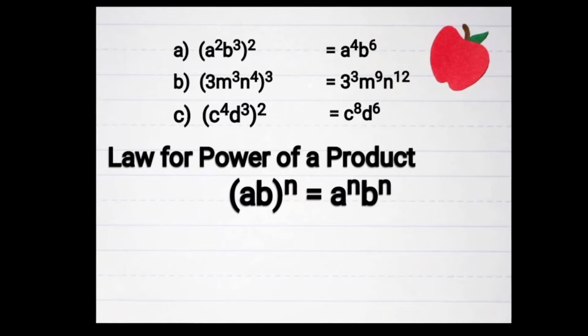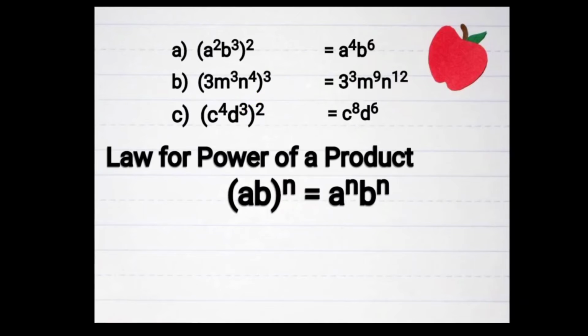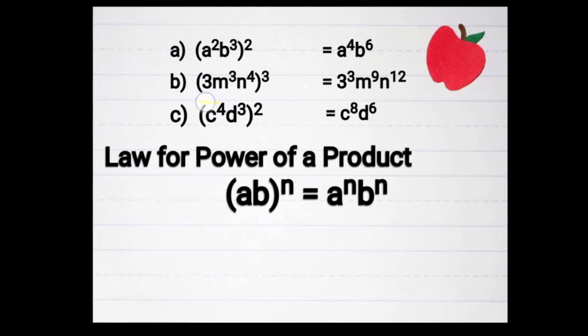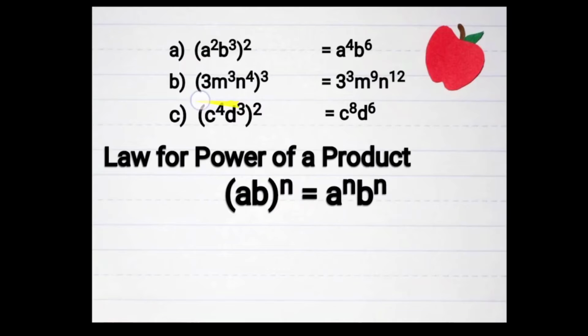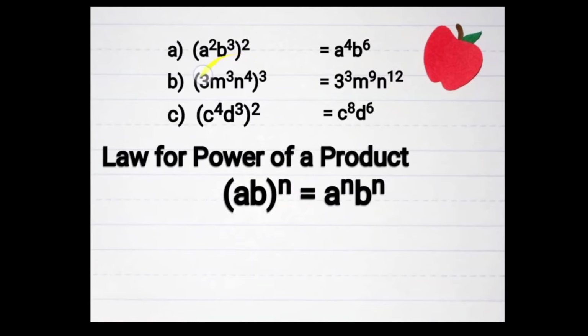Next, we have 3 times m cubed times n to the fourth power, cubed. What you are going to do is to multiply that exponent outside the parentheses. And we all know that the exponent of 3 is 1 because there is no visible exponent for it. So 3 raised to 1. Copy the base 3, then 3 times 1 is 3.